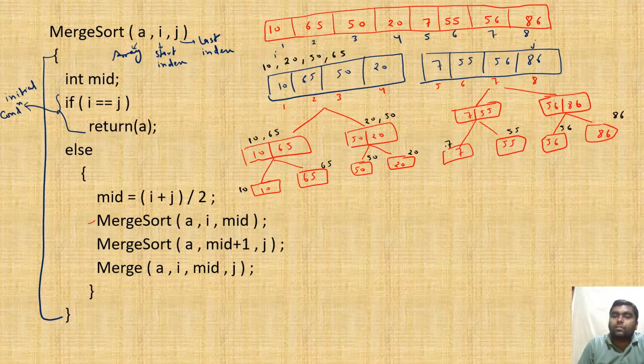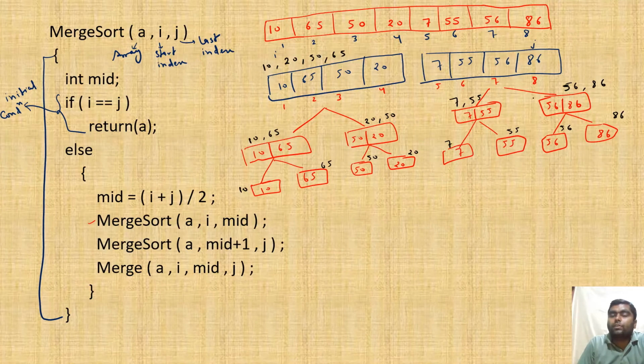So on 7 and 55 the merge procedure will work. What will be the resultant? The merge procedure will sort these two sorted subarrays into a single array. So finally 7, 55, and finally here also the merge procedure will work on 56, 86.